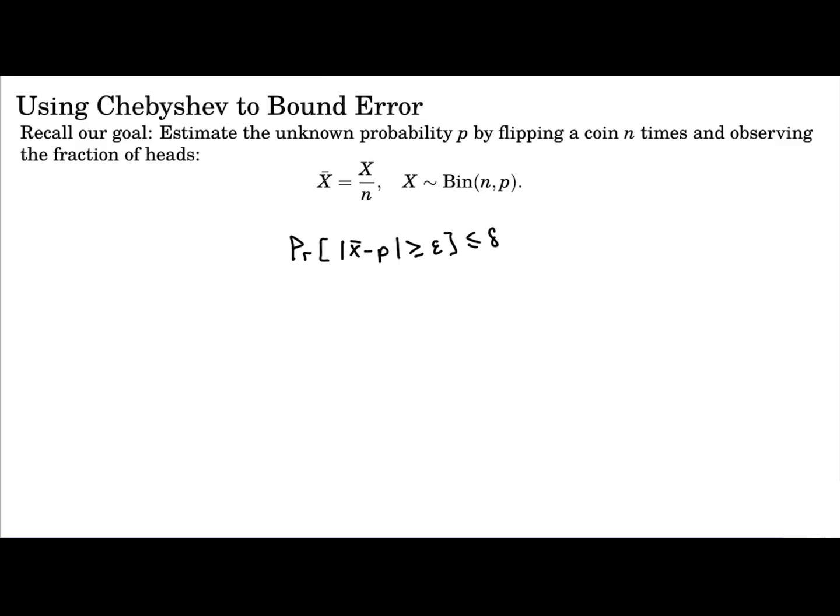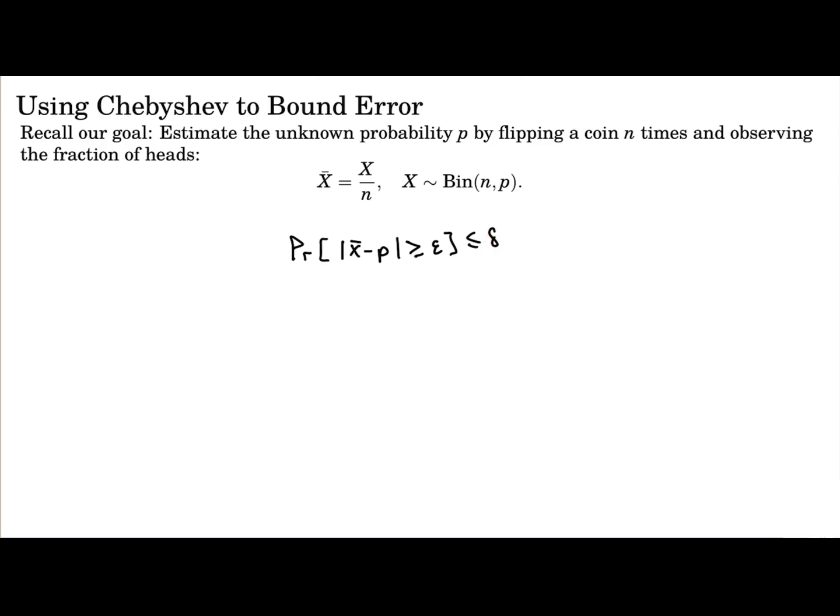So we would like to say that when we throw the coin n times, the probability that this is further away than a certain number should be small. That's what we would like to happen here.